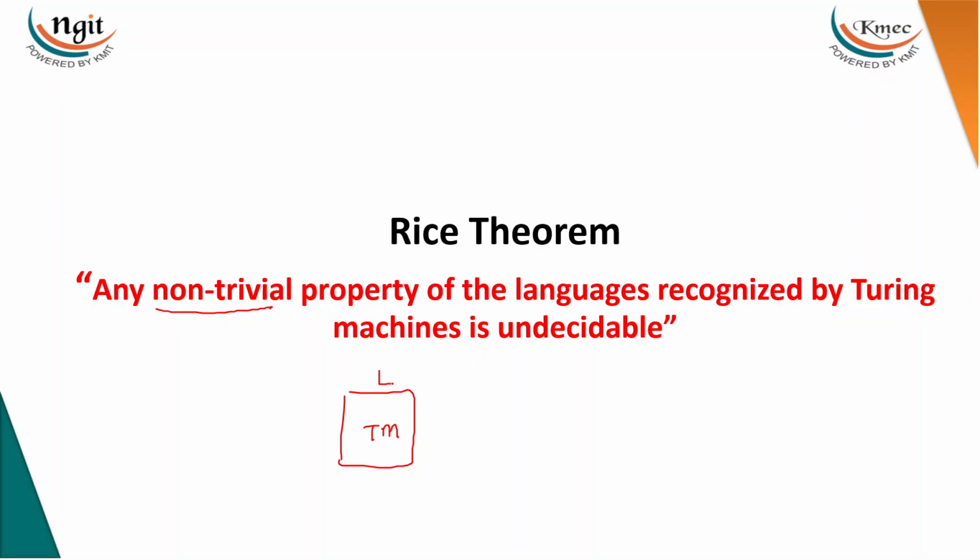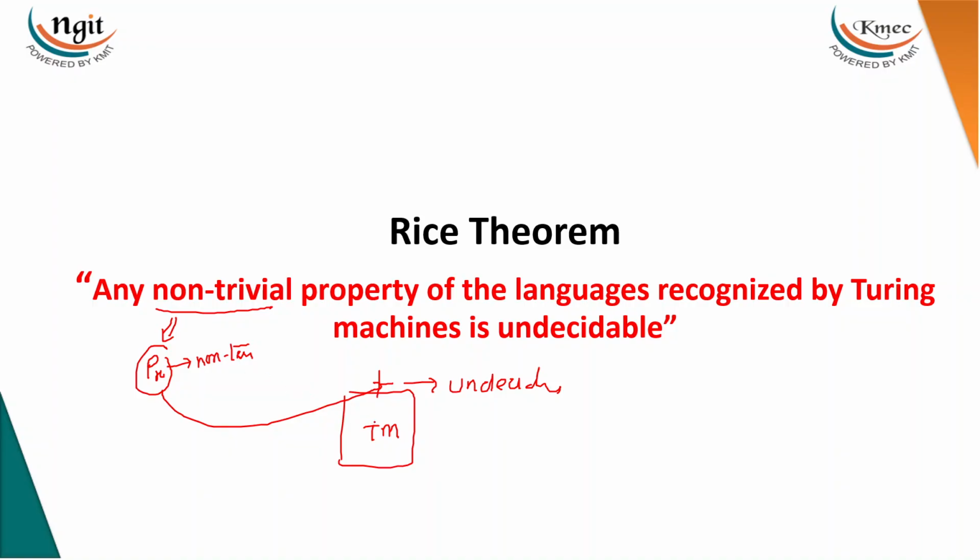If we have a property Px that I have already proved is non-trivial, and this language satisfies it, then I can say this language is undecidable. The Rice theorem has a set of non-trivial properties and checks whether the language satisfies them or not.